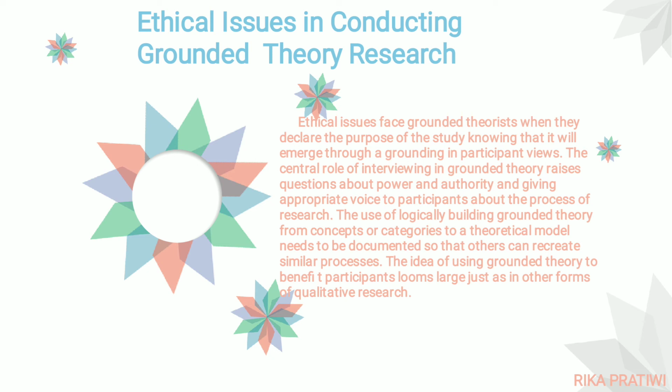The process of logically building grounded theory from concepts or categories to a theoretical model needs to be documented so that others can replicate similar processes. The idea of using grounded theory to benefit participants looms large, just as in other forms of qualitative research.